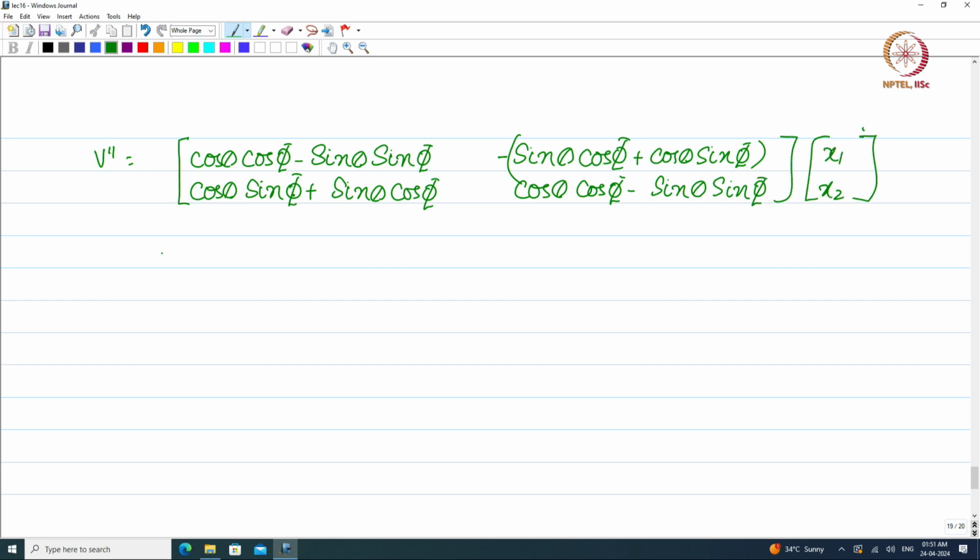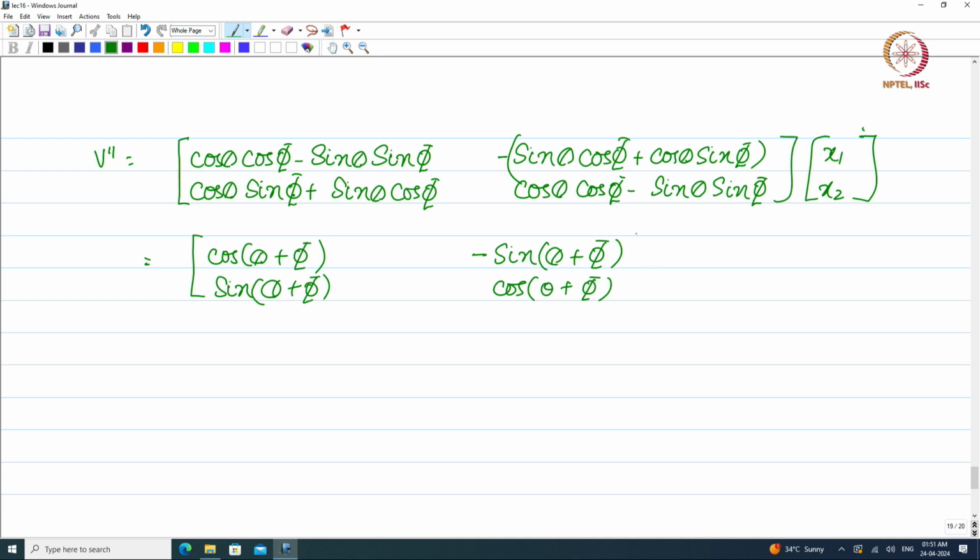We see something interesting happening here. This is nothing but cos of theta plus phi, minus sin of theta plus phi, sin of theta plus phi, cos of theta plus phi, x1 x2.